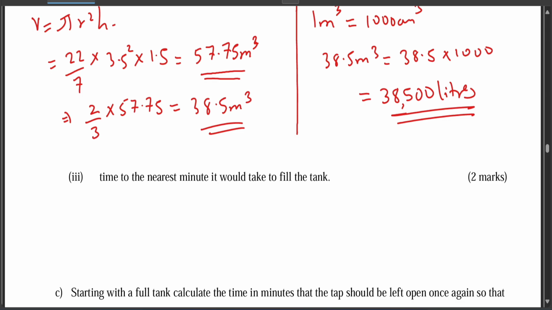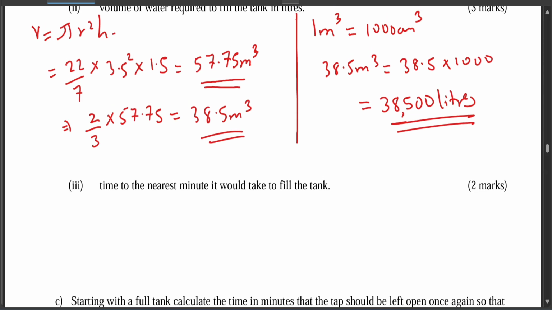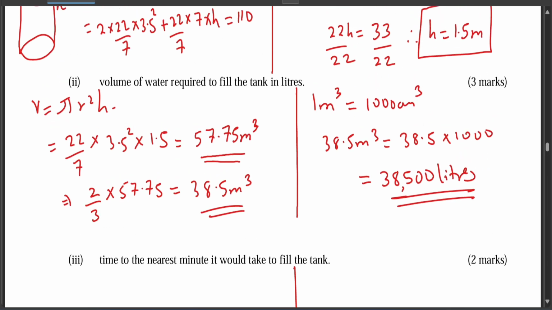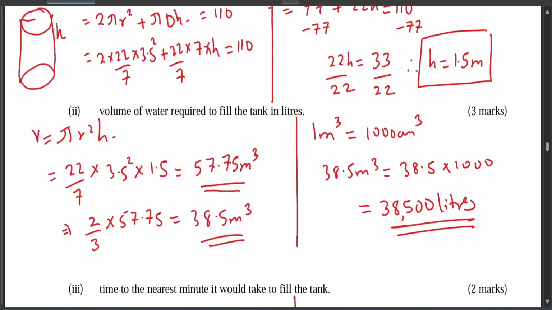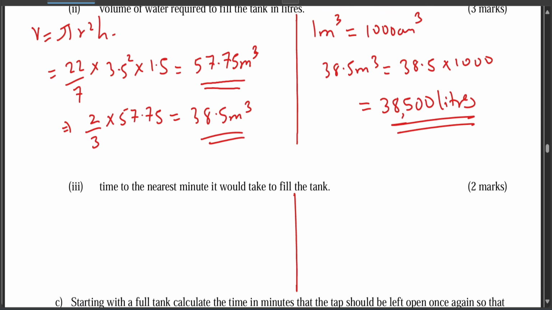Question 3: time to the nearest minute it will take to fill the tank. We know that there's a rate at which water is entering the tank, and the rate is 2.5 liters per second.